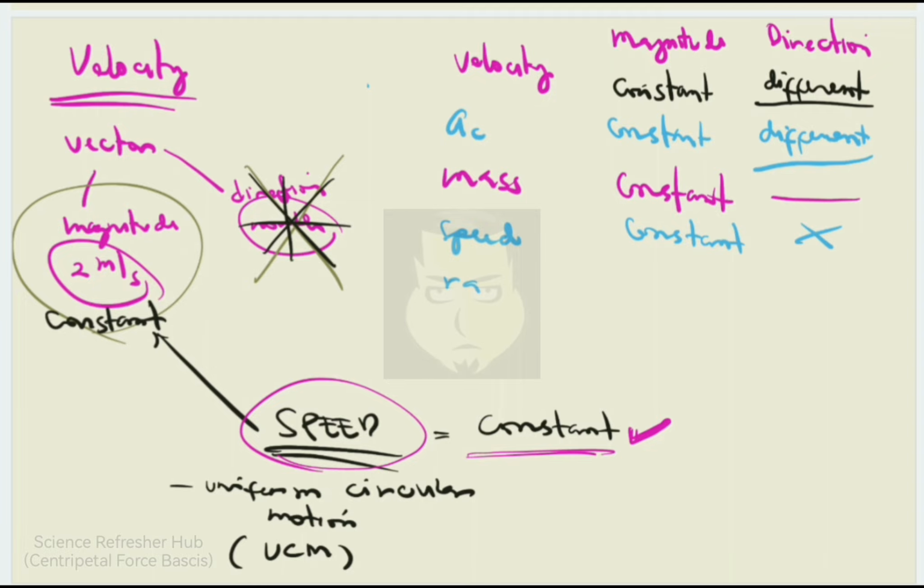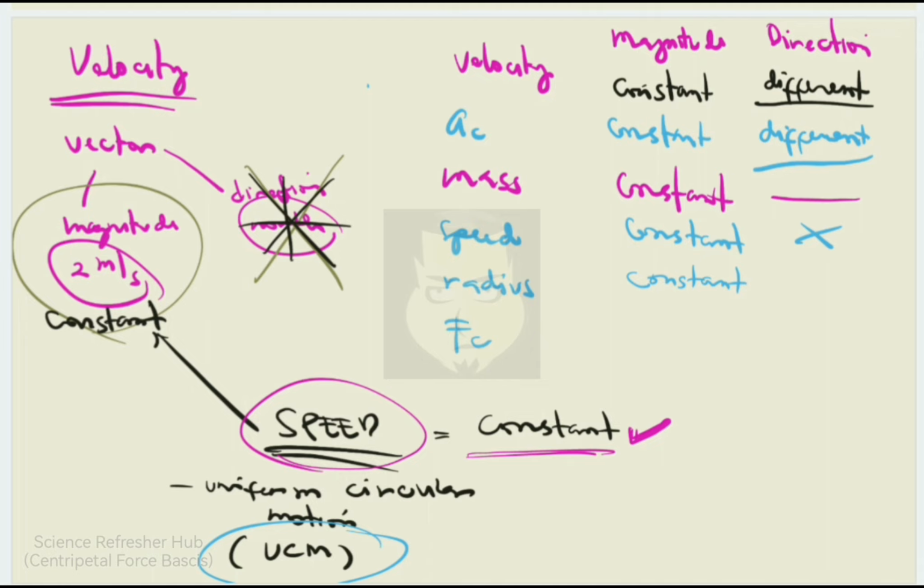Radius is constant along the rotation in a uniform circular motion. What else? We have velocity, we have acceleration, we have mass, we have speed, and we have the radius. Okay, and we have force. We have centripetal force.